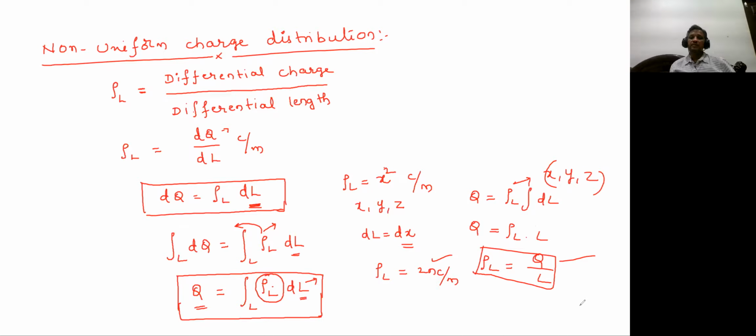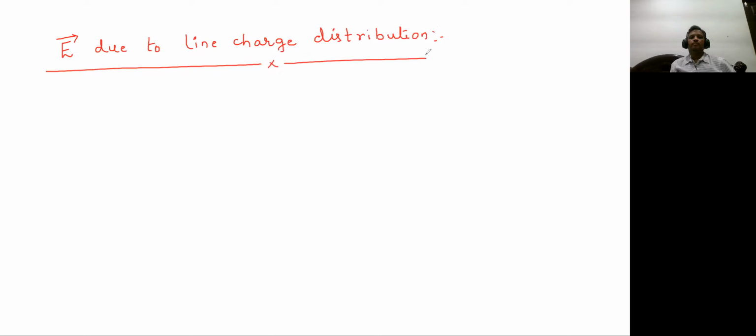But what we have to see further is what is the electric field intensity E due to line charge distribution, because we have seen it for a point charge. We should also try to see E due to line charge distribution, right?